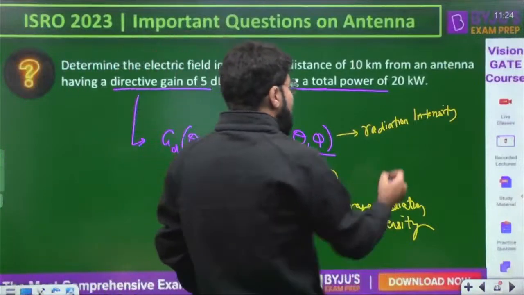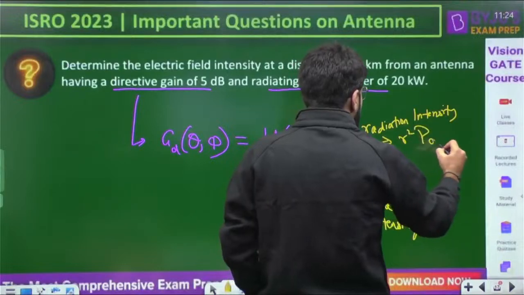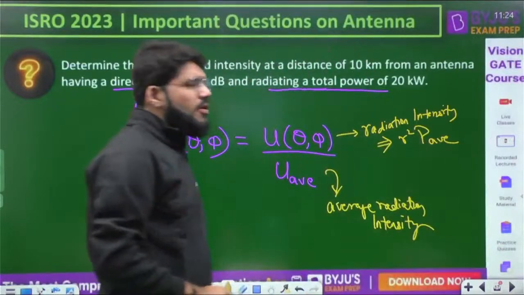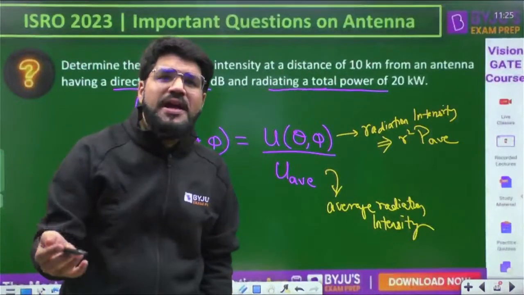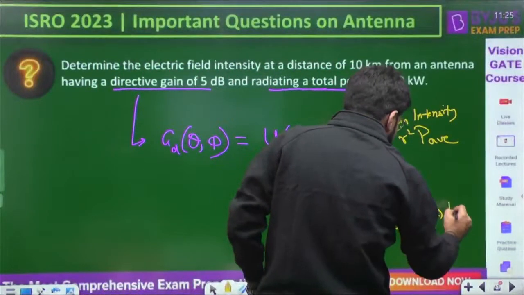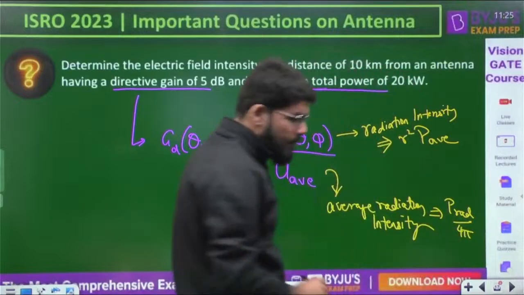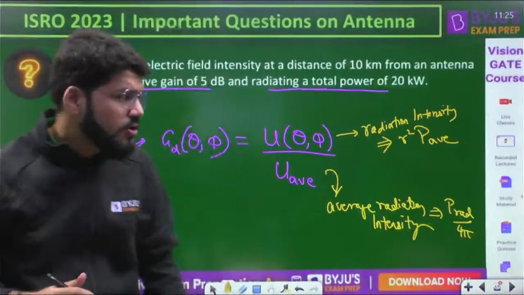Radiation intensity is further given by the formula R square P average, where P average is the power density, the Poynting vector associated with the wave. Average radiation intensity turns out to be the power radiated by the antenna divided by 4 pi. You must know each individual formulation also.